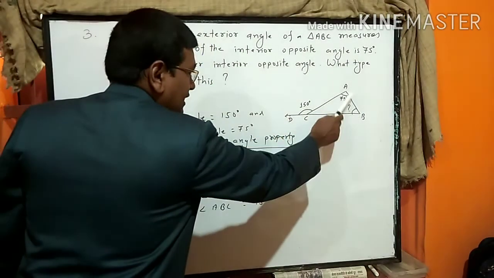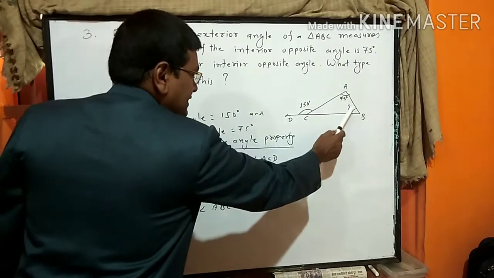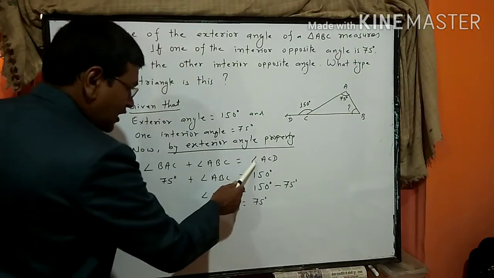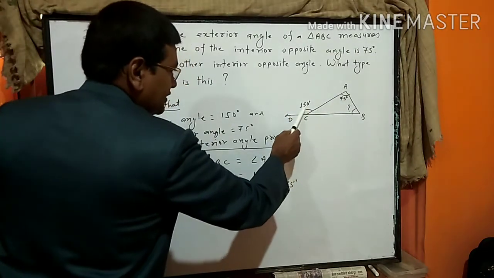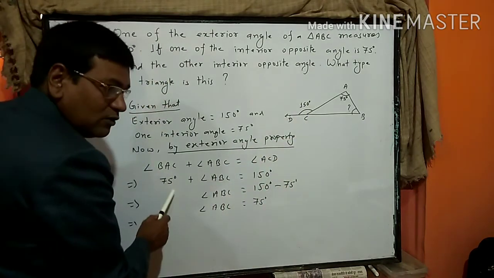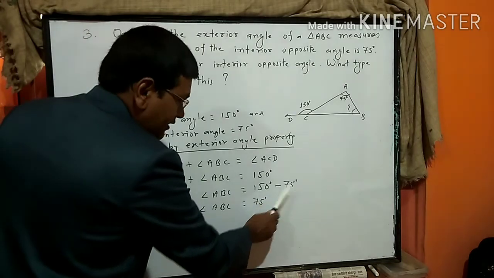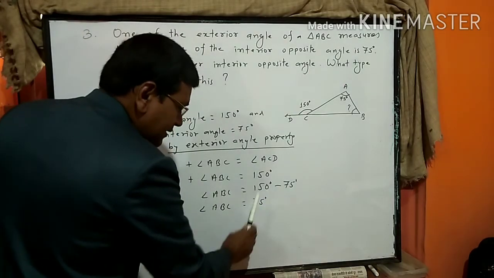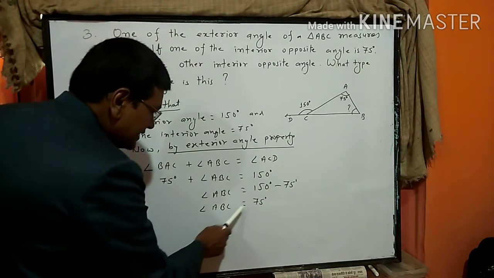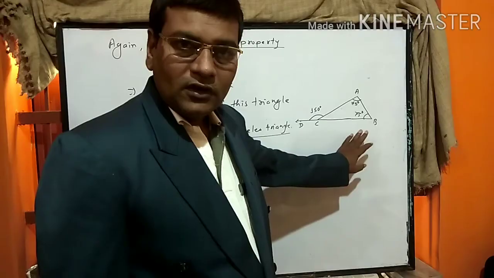BAC, this one, ABC, this one, equal ACB, this one. Put the value 75, 150. Take it to the right side. 150 minus 75, 75. So angle ABC equal 75 degree.